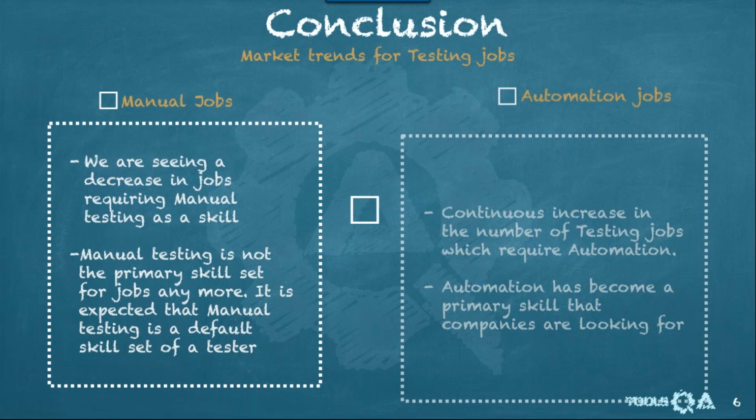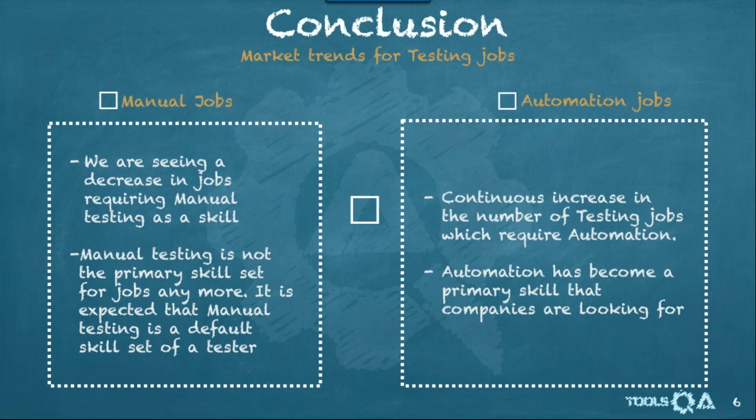And on the other side, there is a continuous increase in the number of testing jobs which require automation. So sooner or later, when you try to switch jobs, or when your project switches from manual to automation testing, you would face a really tough time coping with the project. So it's better we learn as soon as possible.